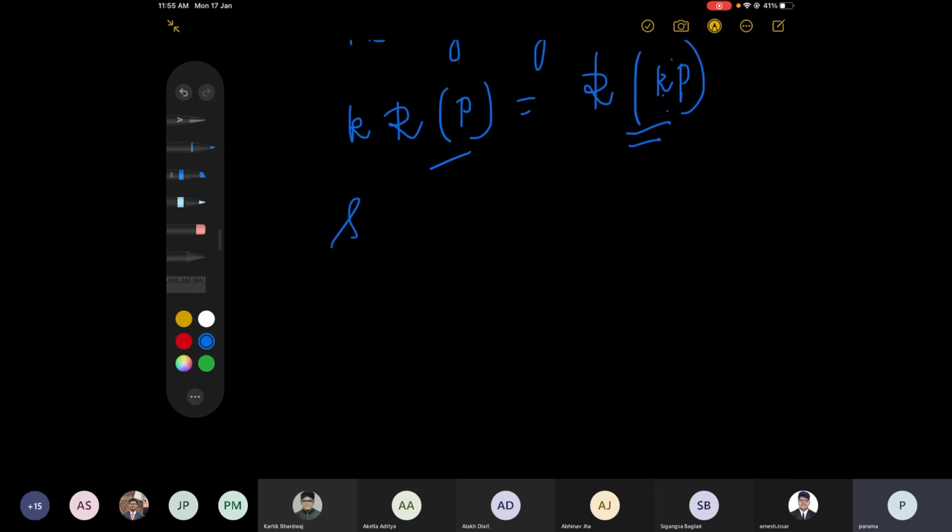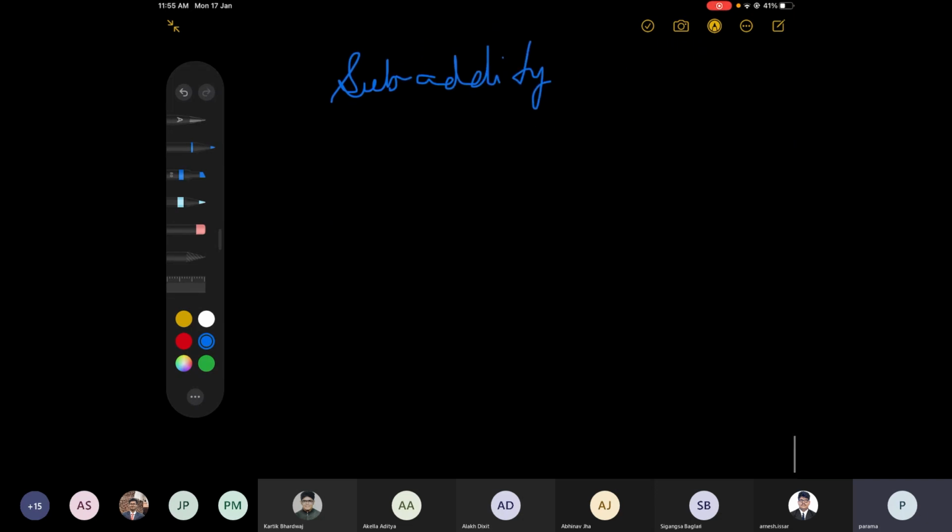The fourth property is sub-additivity, and here VaR fails whereas CVaR does not.